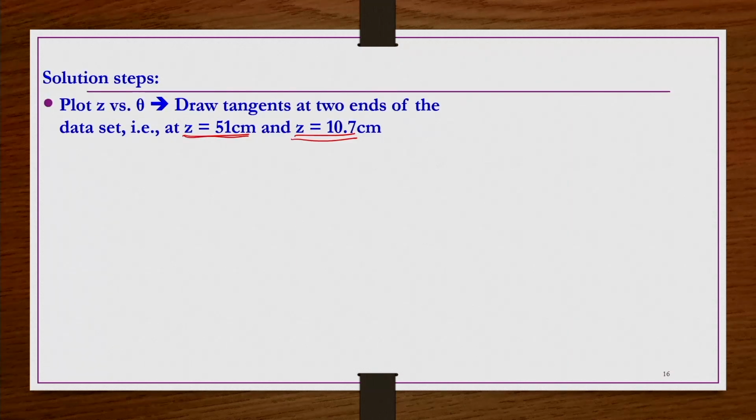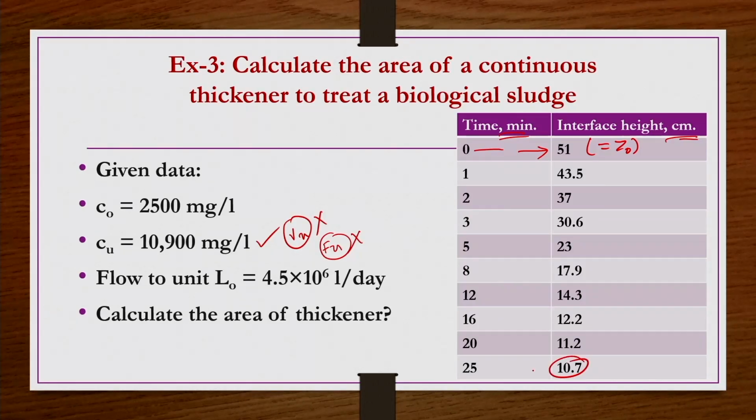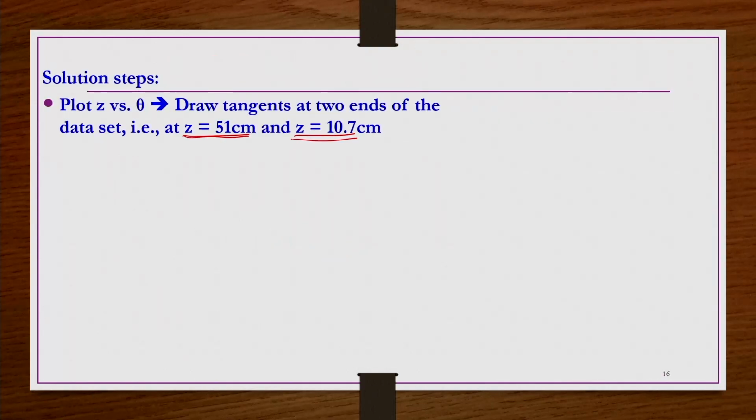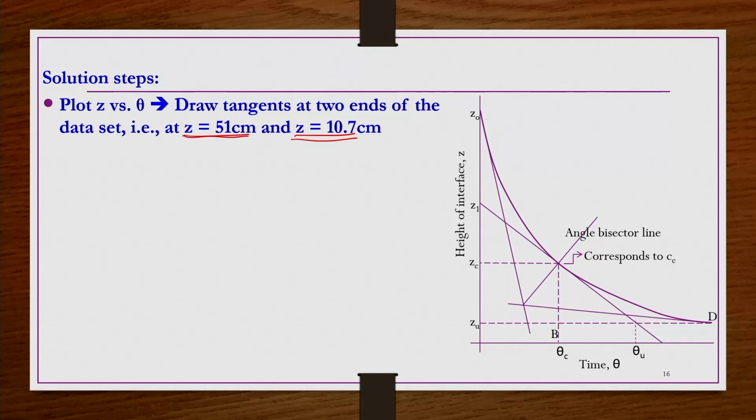At the last data point, that is 10.7, and at the first data point, z equals 51, we have to draw two tangents to this z versus theta curve. This is the z naught point, and this is the 10.7 point. At these 2 points you draw tangents like this, which we have already done.